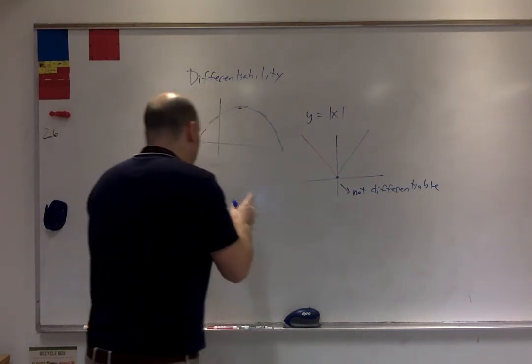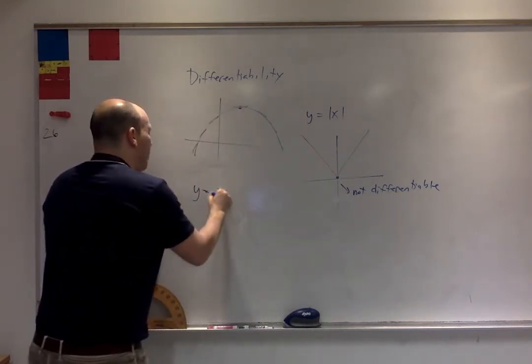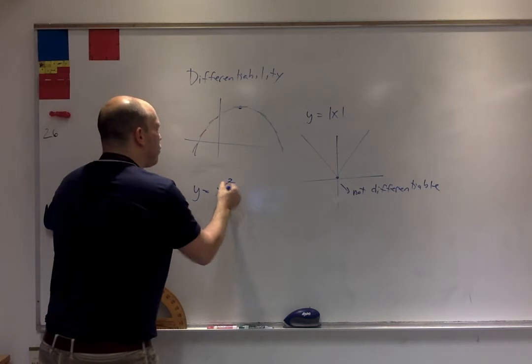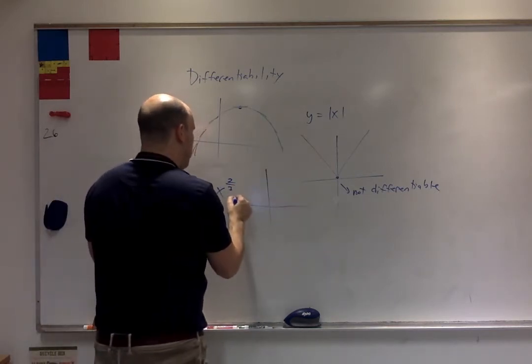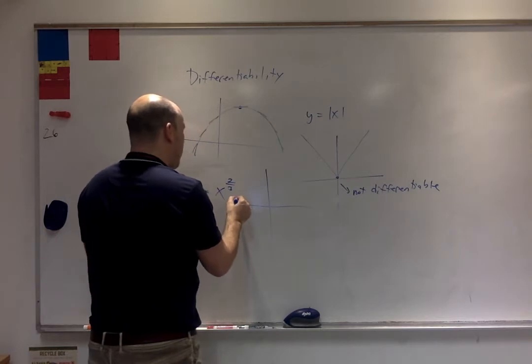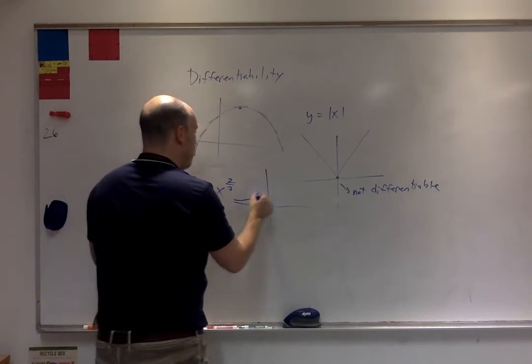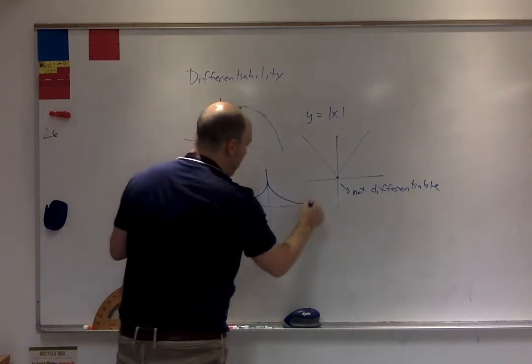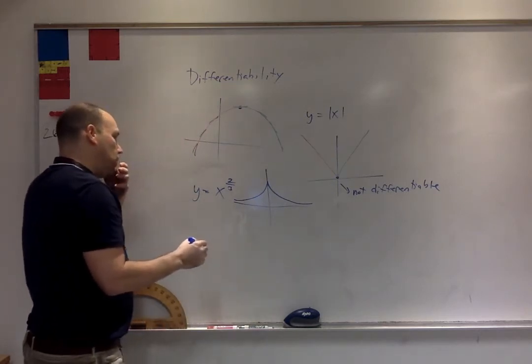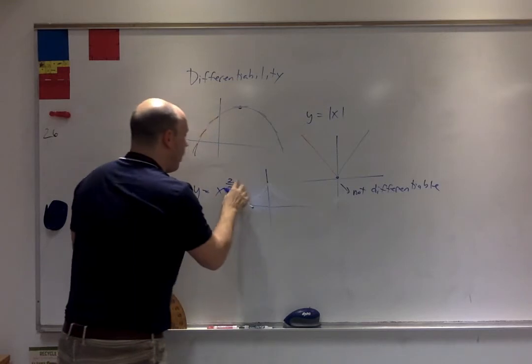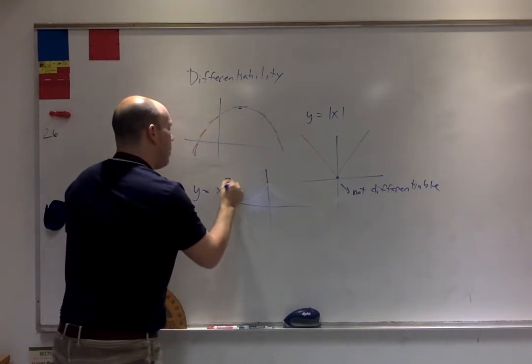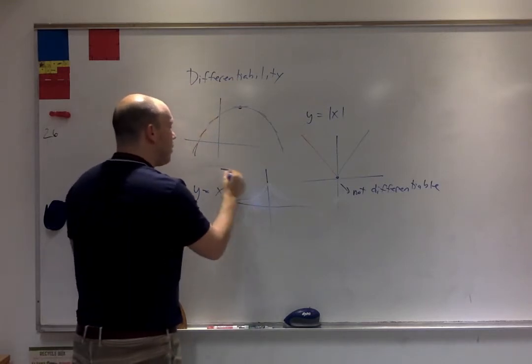Another example is y equals x to the 2/3. And this curve kind of looks like this. No, I'm sorry. I apologize. Here's one. x to the 3, it looks like this.